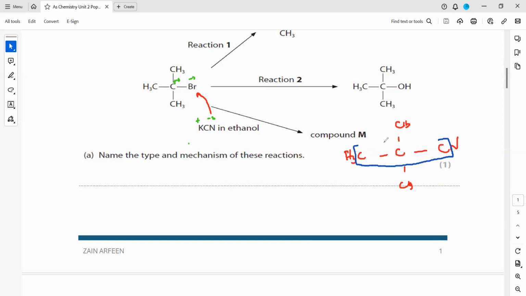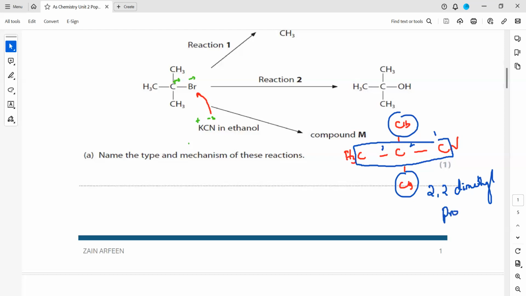1, 2, and 3. So these two carbon chains are considered as branches. Which position do we have a branch? If we count from here, 1, 2, and 3, so at the second position we have two branches. So we can say this will be 2,2. And each branch contains one carbon atom, so it is methyl. And there are two identical branches, so we call it dimethyl. So 2,2-dimethyl, three carbon atoms, so it will be prop.